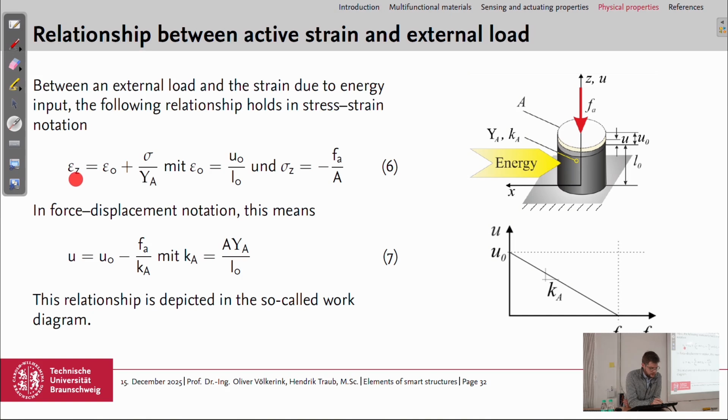We have this strain epsilon z, which is the total strain, and it's made from the sum of the free strain plus the overall stress divided by the modulus of the actuating material.